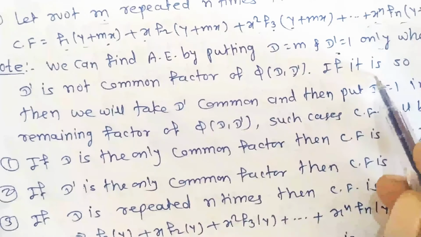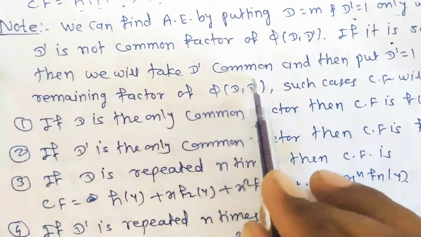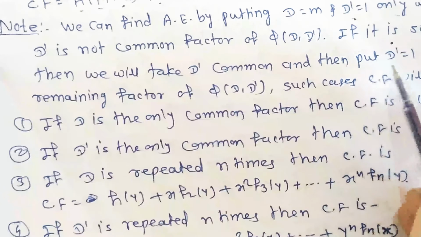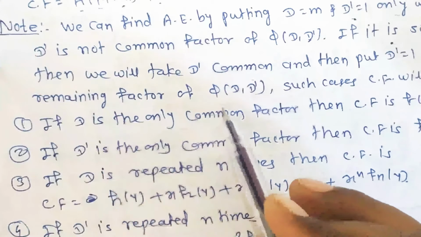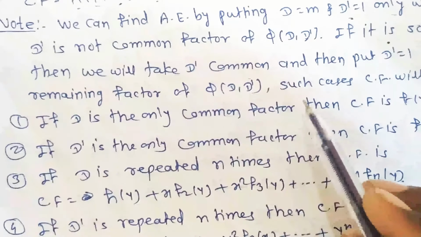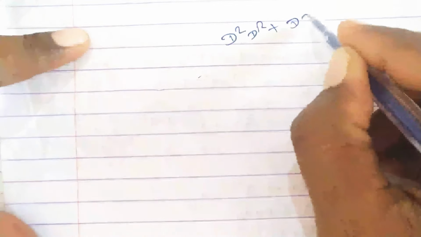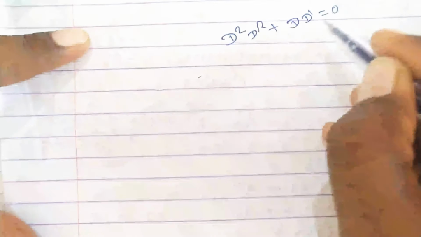If it is so, that is, if we take D dash common from phi of D, D dash, then we take D dash common and put D dash equal to 1 in the remaining factors. For example, suppose phi of D, D dash is D square D dash square plus D D dash equal to 0.